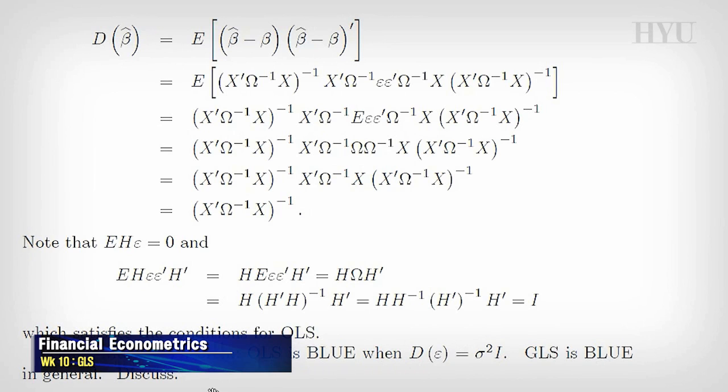The Gauss-Markov theorem says that OLS is BLUE under homoscedasticity, and GLS is BLUE in general. Which means that the GLS estimator is the best linear unbiased estimator, the most efficient estimator.